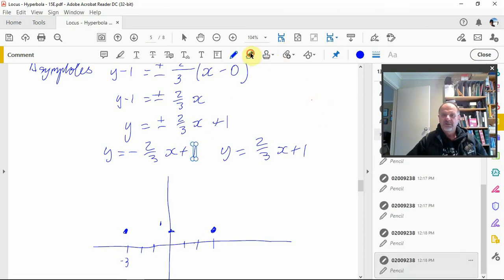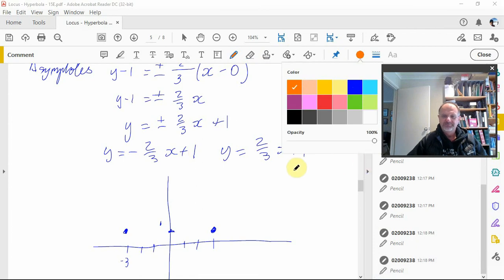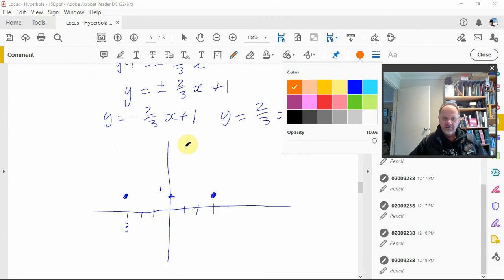All right, so let's change my colour, put my asymptotes in. All right, so here, -2/3 plus 1. So here the asymptotes, it starts at here, goes through y as 1. And this just happens to be, in this case, the centre, so you can always work off the centre. So here we're on -2 on 3, so rise over run. -2 is the rise, and the run is 3.